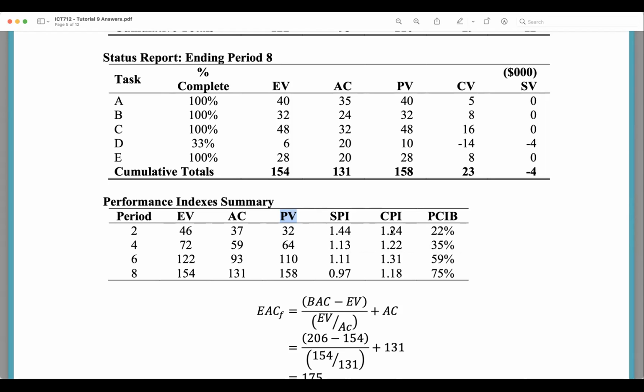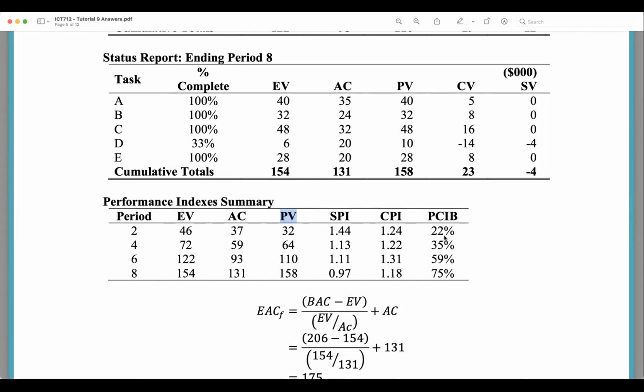So I'm completing more work for the budget that I have than how much money I'm spending. I'm spending less and earning more in terms of the actual work. So from a schedule perspective, I'm way ahead of schedule, and from a cost perspective, I'm also under budget there.